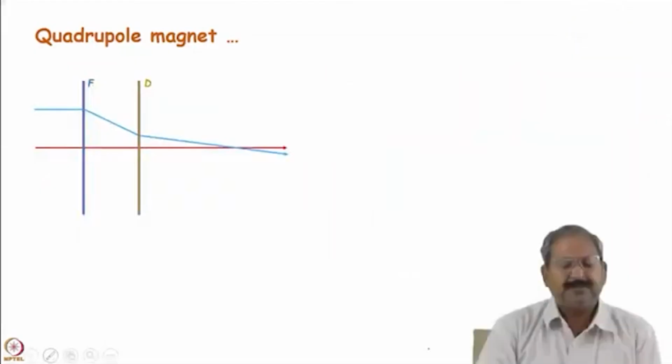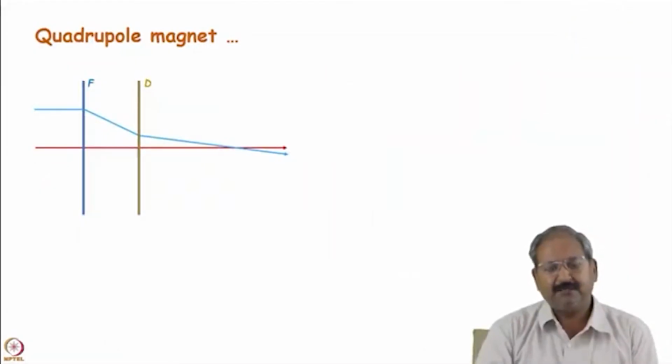Now suppose we want focusing in both the planes simultaneously. One quadrupole, if it is focusing in one plane, then it will be defocusing in the other plane. So for overall focusing in both the planes, we at least require two quadrupole magnets. So in any optics of charged particles, you will always see that there are at least two quadrupole magnets.